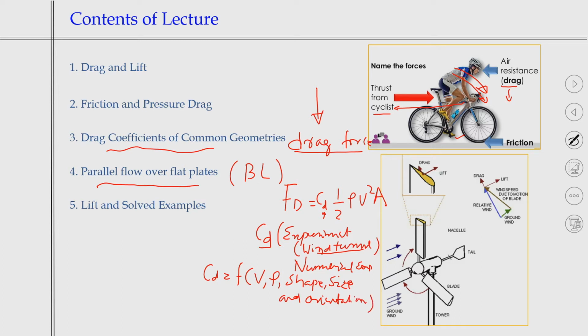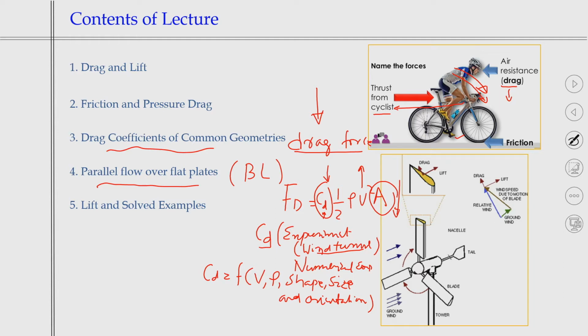A cyclist who participates in very competitive racing like the Olympics tries to reduce this A value or this CD value. Those are the two things he can reduce so that drag force is minimum and he can increase the velocity. That is the possibility for any cyclist or racer in any competitive racing.